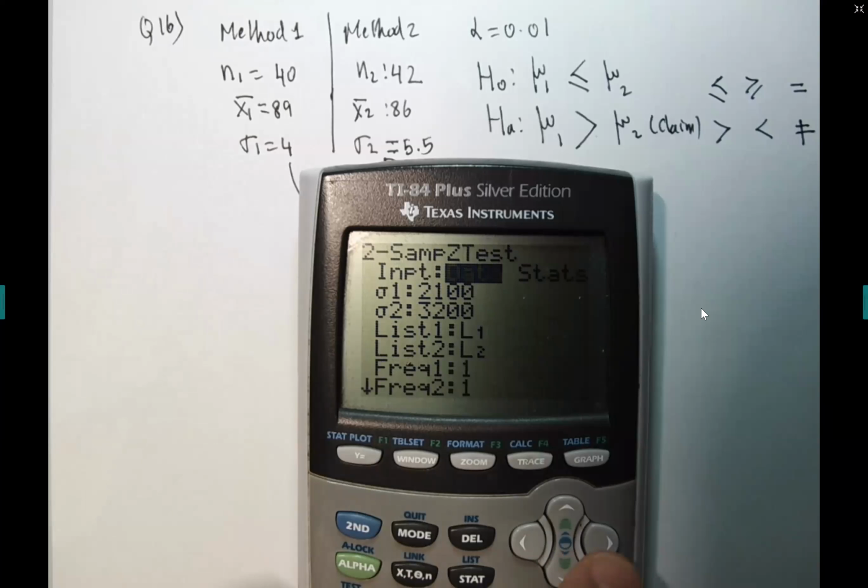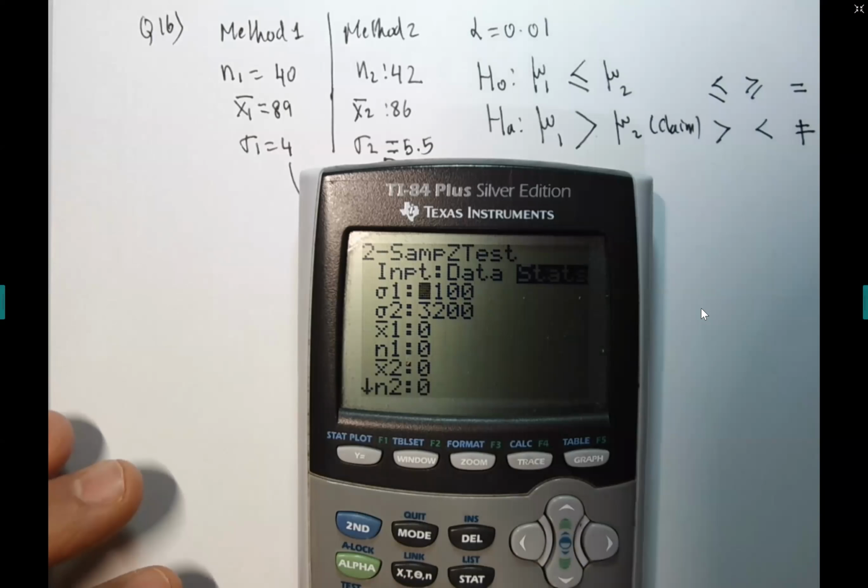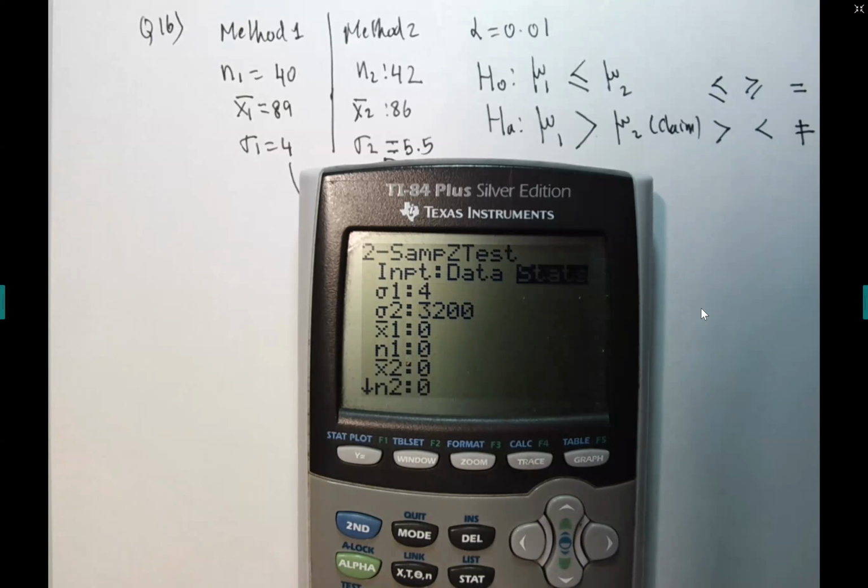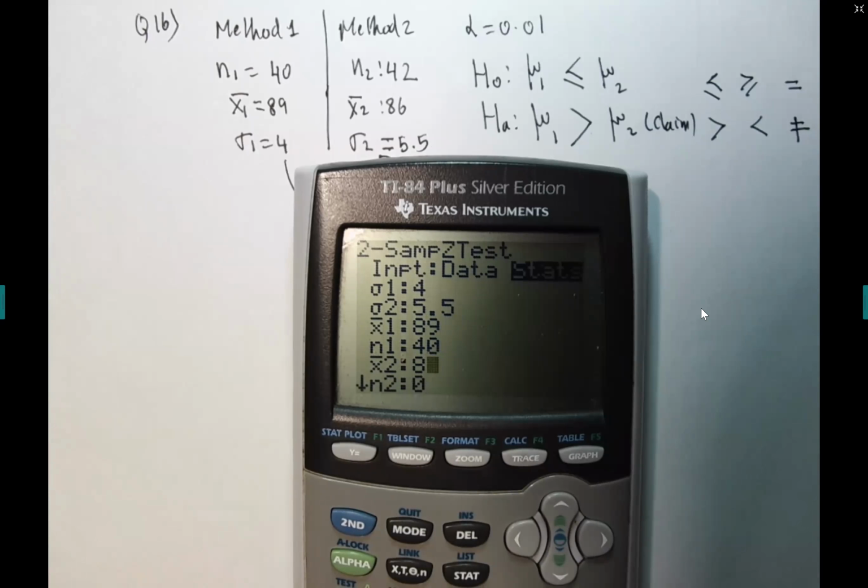And look, the z-test stats. Okay, he wants sigma 1 and sigma 2 first. So it's a 4 and a 5.5. X1 bar is 89. N1 is 40. X2 bar is 86. N2 is 42.